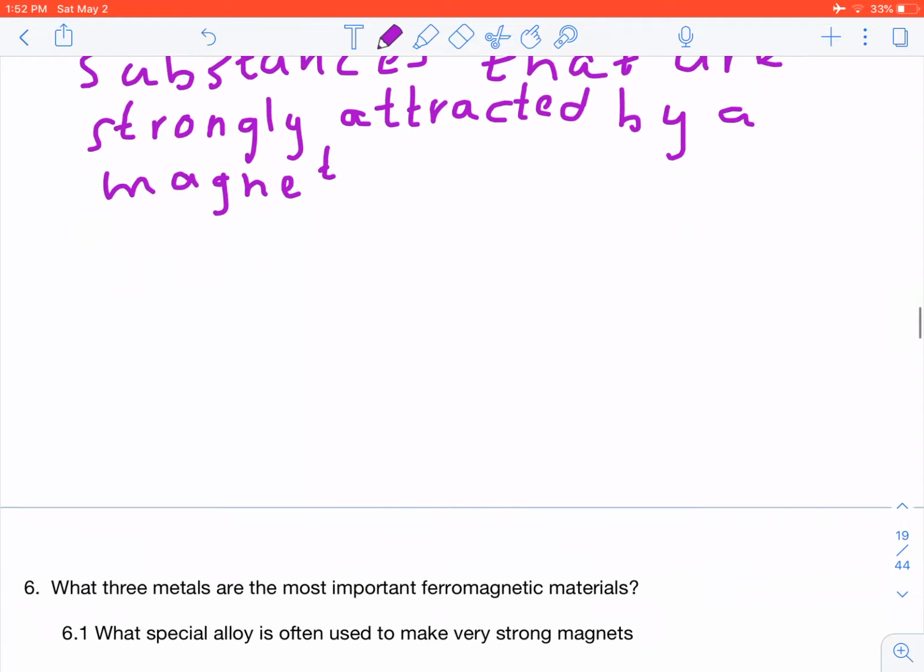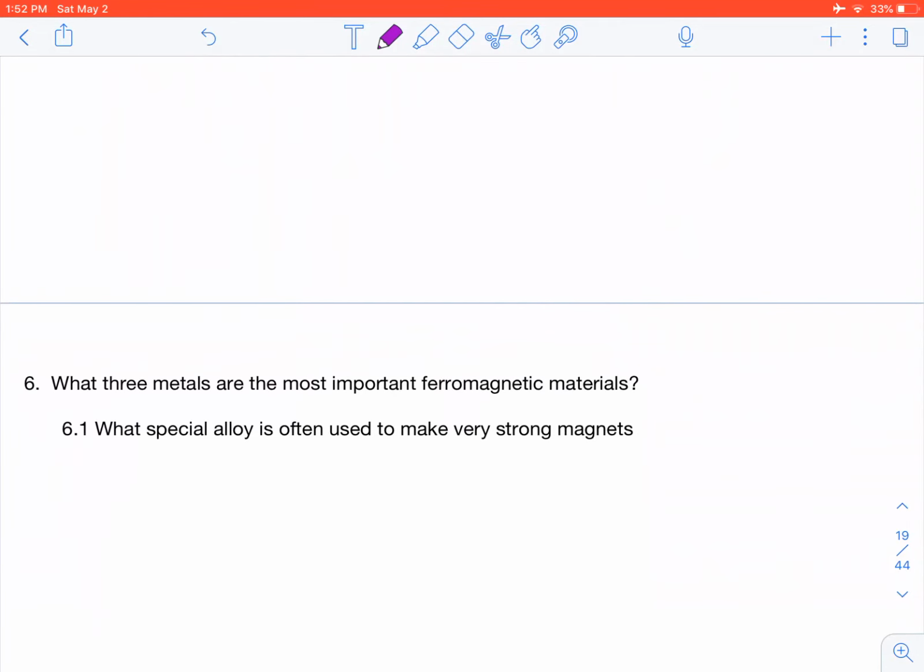What three metals are the most important ferromagnetic materials?